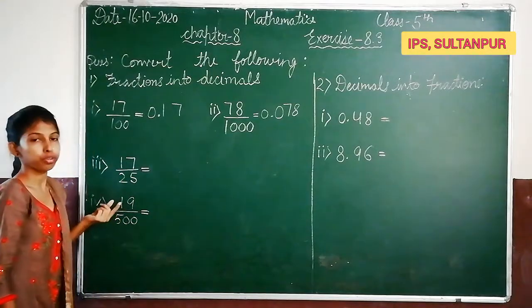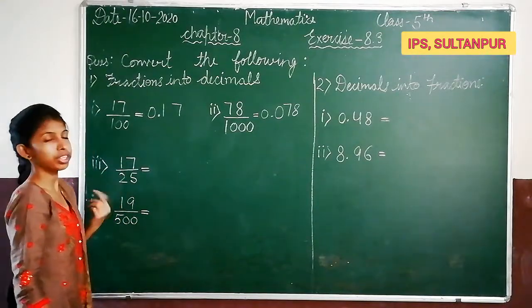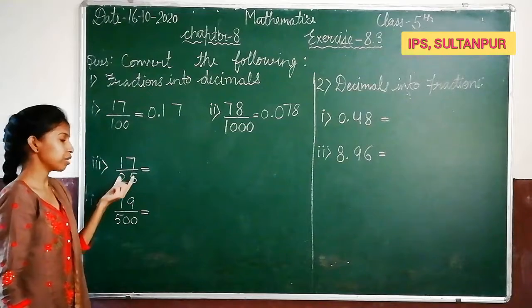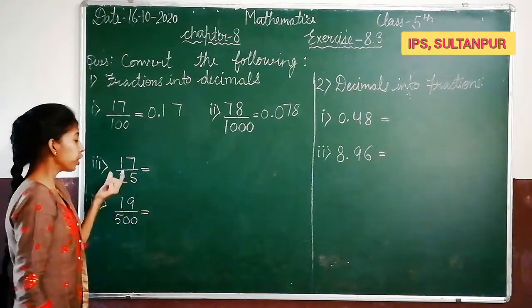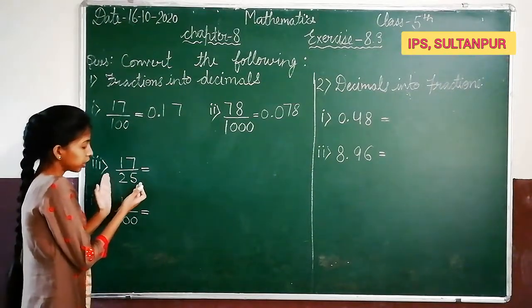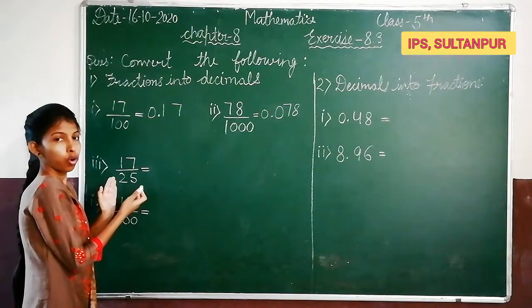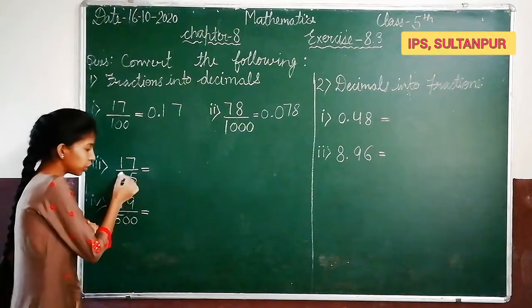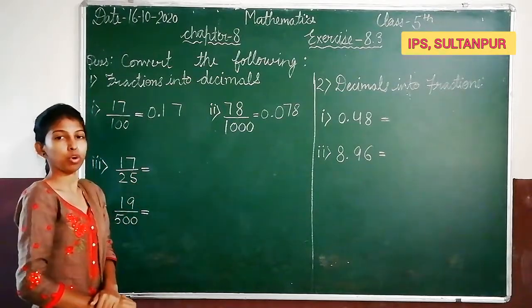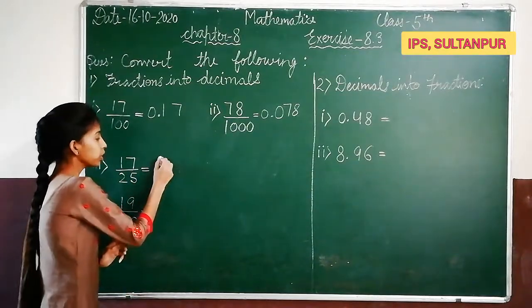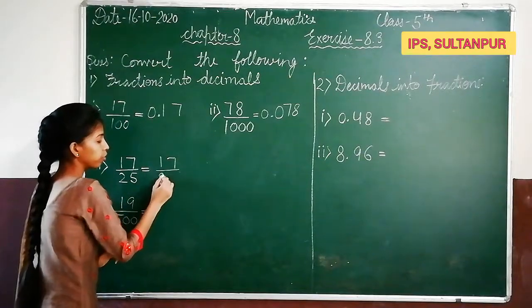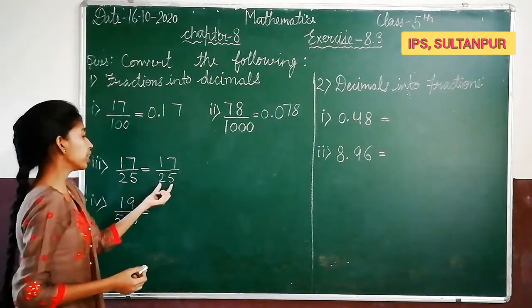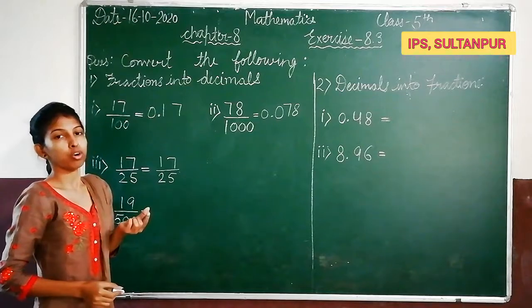Now see a different kind of question. Whenever a different kind of fraction is given here, 17 by 25, then we need to make 10, 100 or 1000 or any multiple of 10 in the denominator. So we will change this denominator into a multiple of 10. See 17 upon 25. How can this 25 become a multiple of 10?